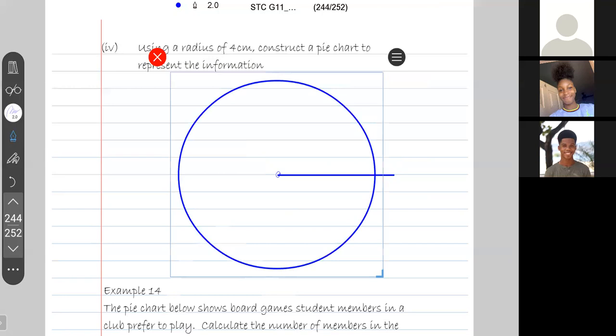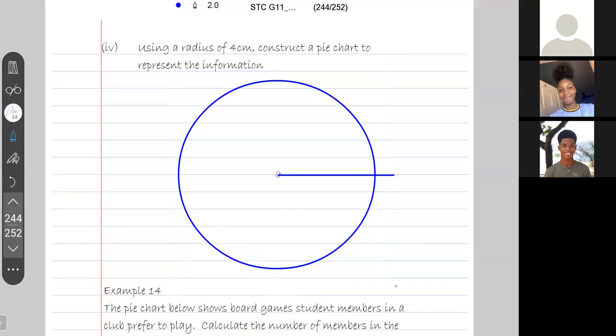So let us just say, for argument's sake, that this is a nice, perfect circle. That's the center, and the radius is 4 centimeters.